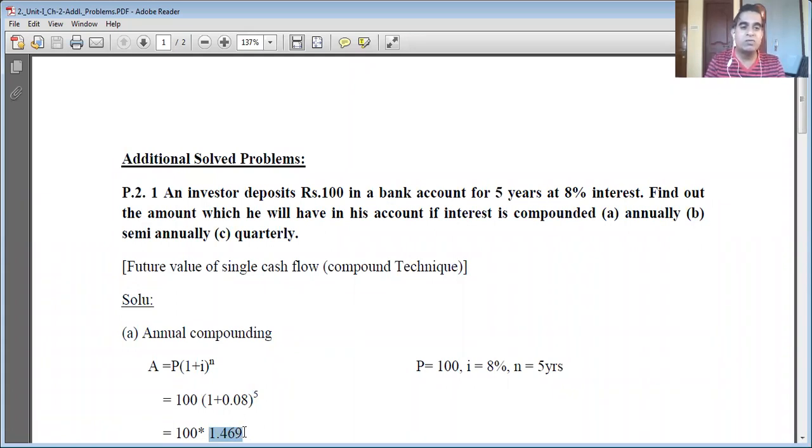So students, to find the future value of a single cash flow where interest is compounded annually, which table number do we need to refer? A1. Yeah, very good, Sakshi. Table A1, compound sum of 1 rupee. So I'm going to share the table now.